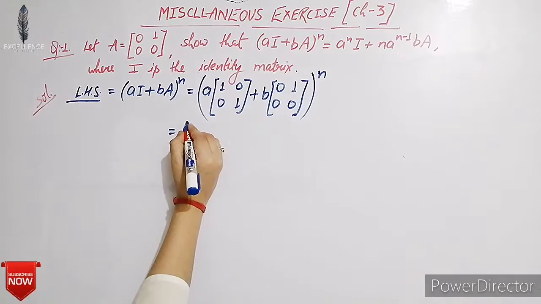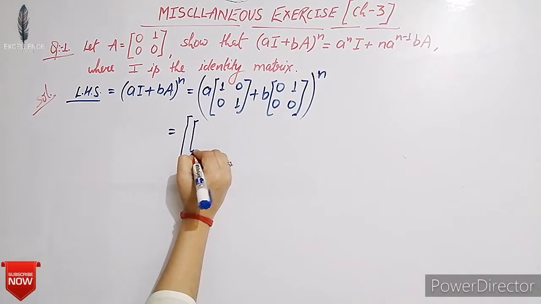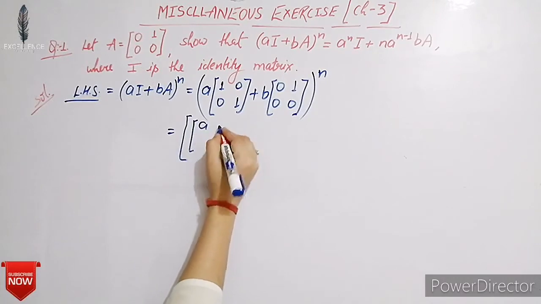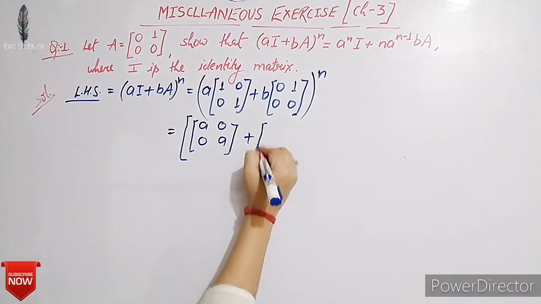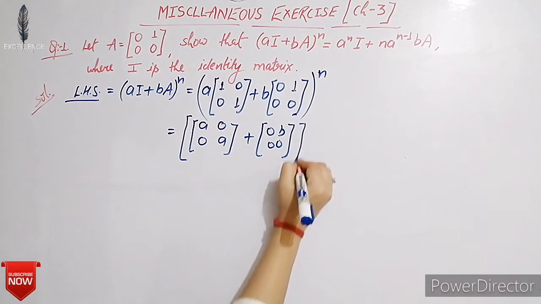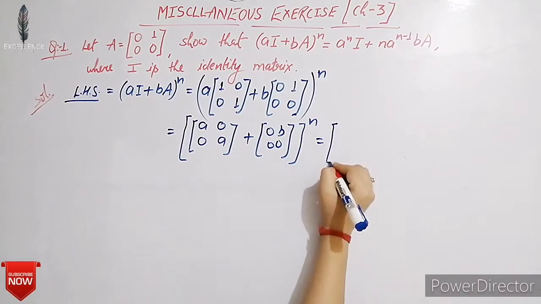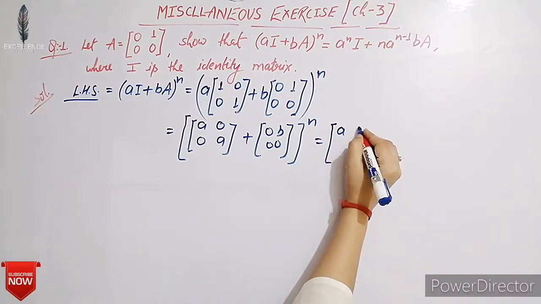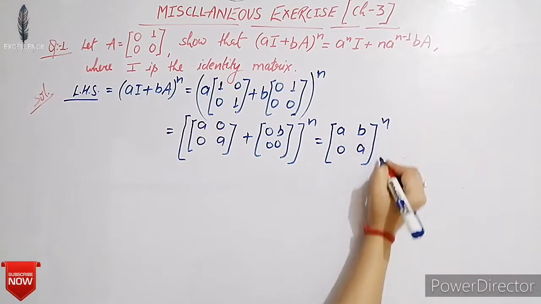Now multiplying by a, we get [a 0; 0 a] plus multiplying by b, that is [0 b; 0 0], whole power n. Now on adding the corresponding elements, we have [a b; 0 a] raised to power n.